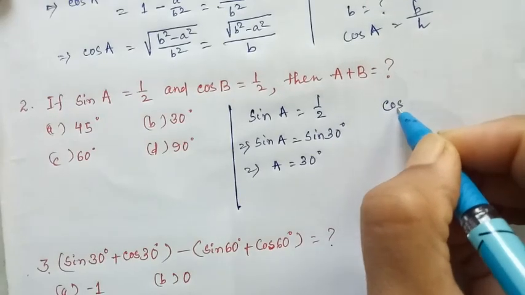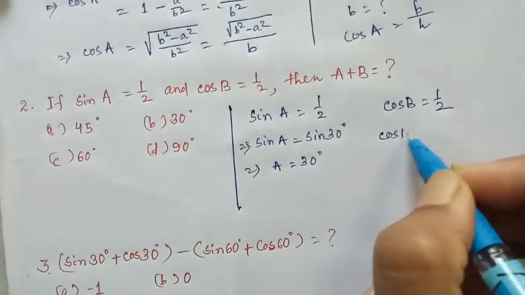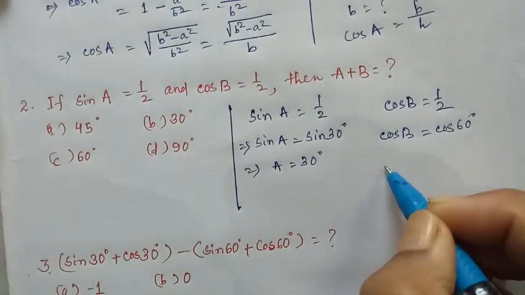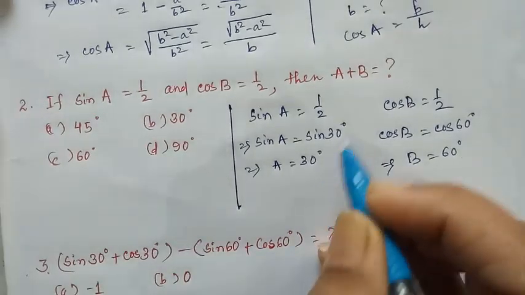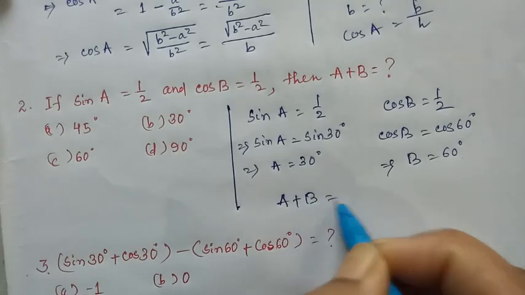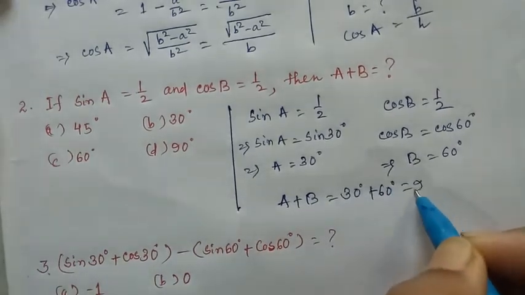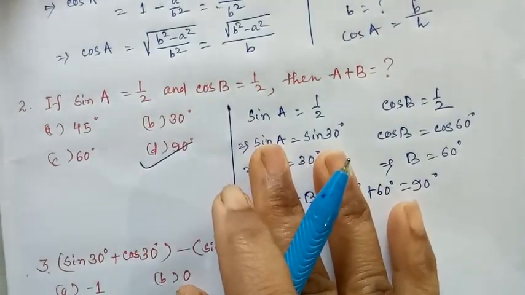Similarly, cos B is equal to 1 upon 2, that means cos B is equal to cos 60 degree. That implies B is equal to 60 degree. We have to find out A plus B. So A plus B is equal to 30 plus 60, that is equal to 90 degree. Option D.